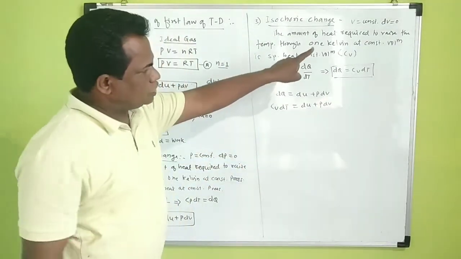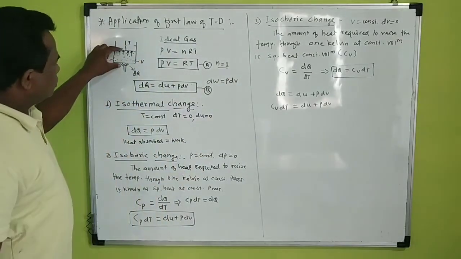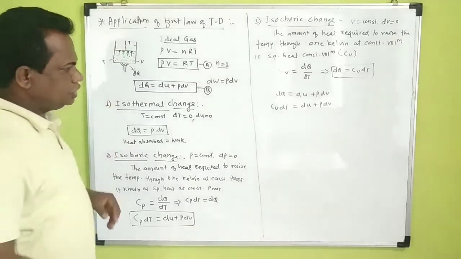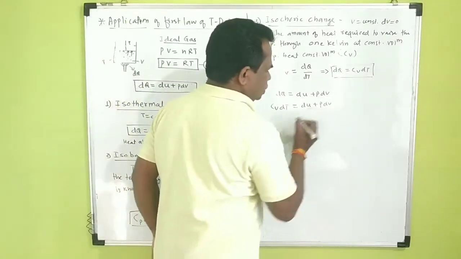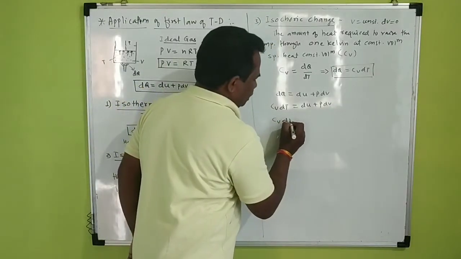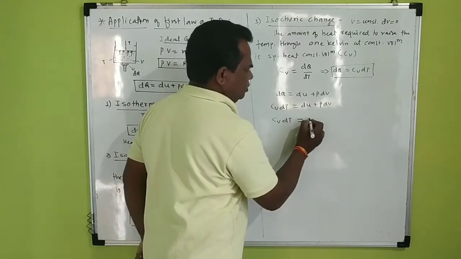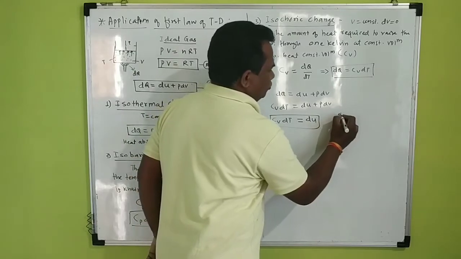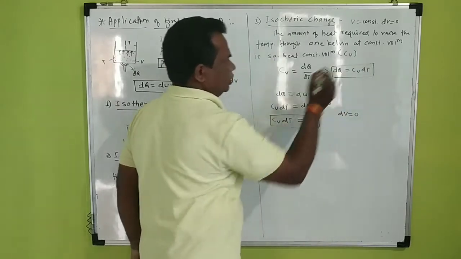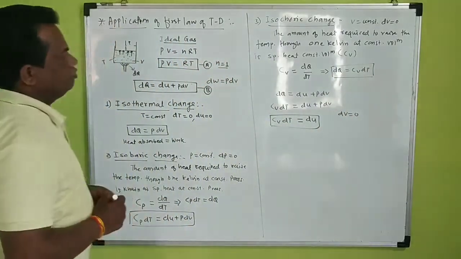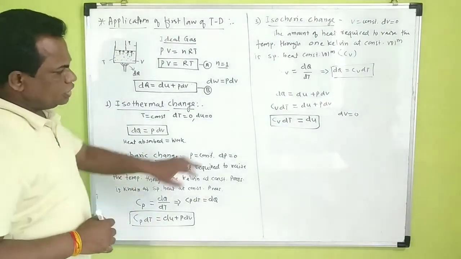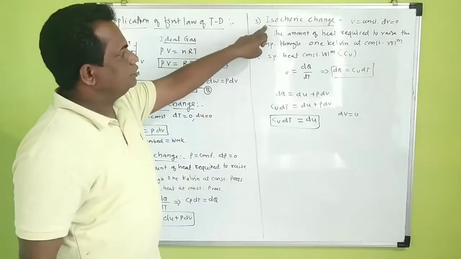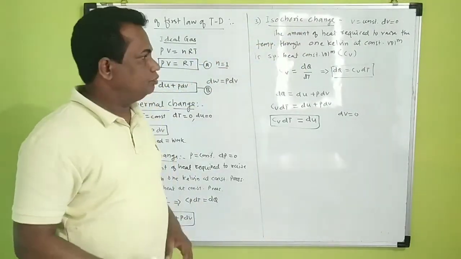If volume is constant, then there is no work done. Work done is 0, that means dV is equal to 0. So you can write Cv dT is equal to dU, because dV is equal to 0, as already supposed. This is the relation for heat energy for isochoric change.